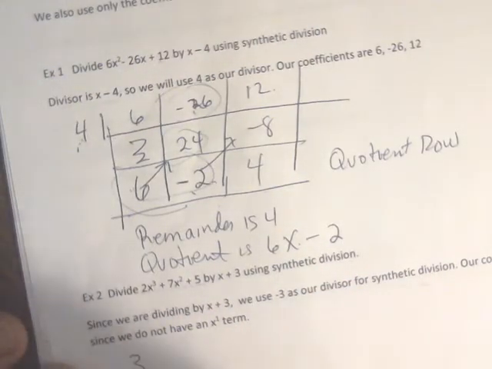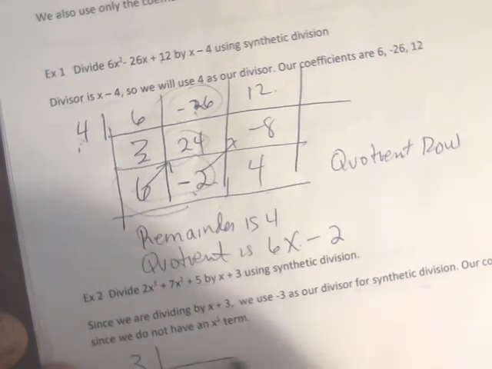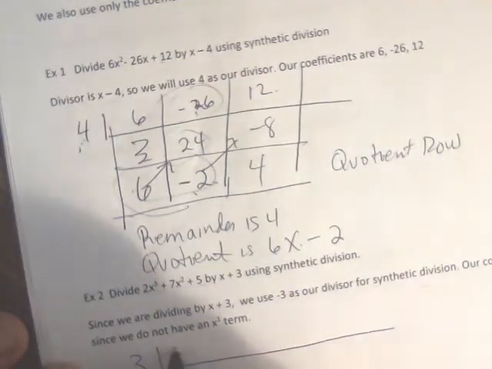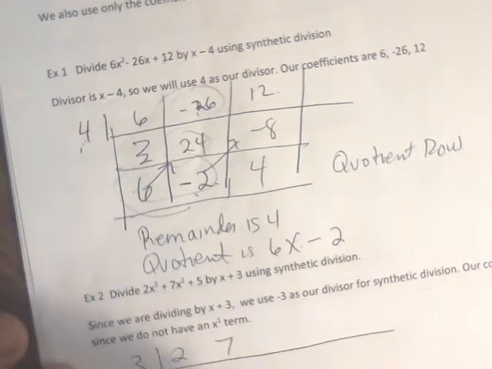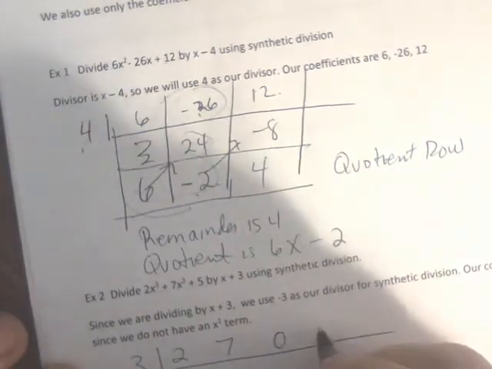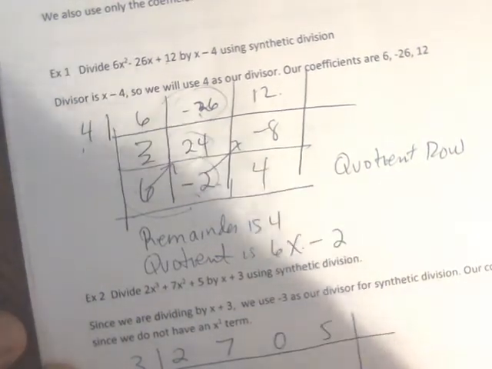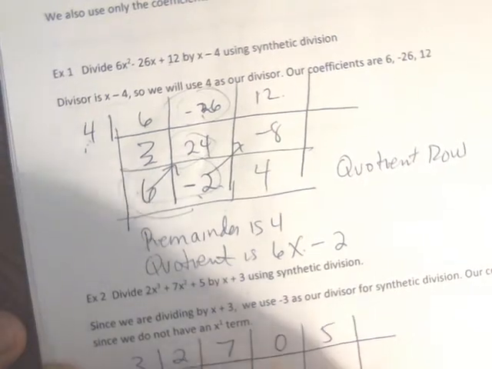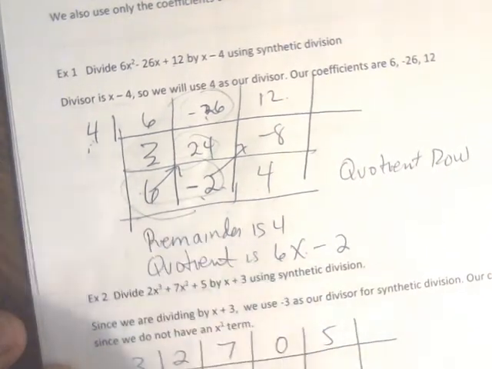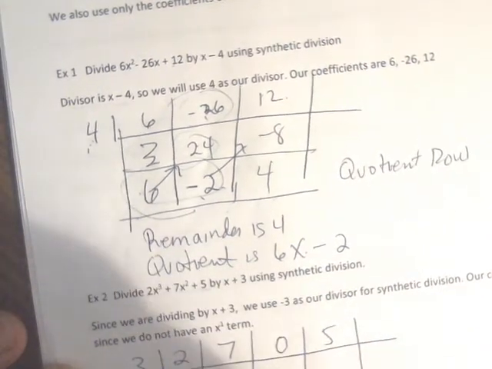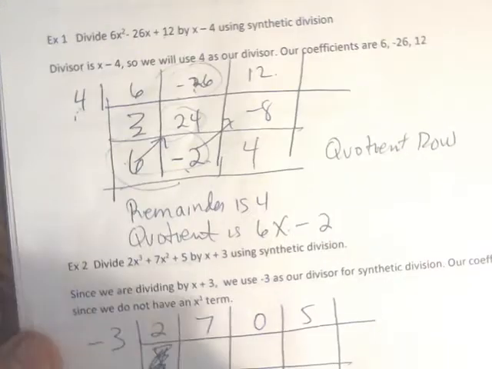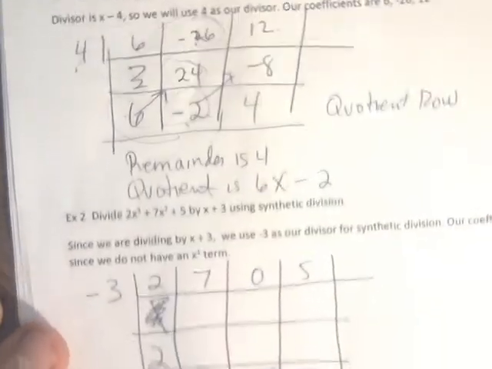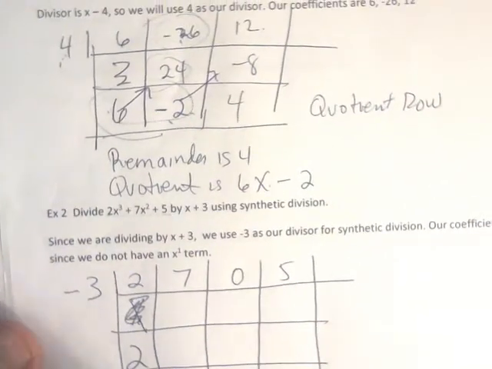I use my opposite sign, throw in my 2, 7, 0, and 5, and create my little grid of boxes and bring down the first number.